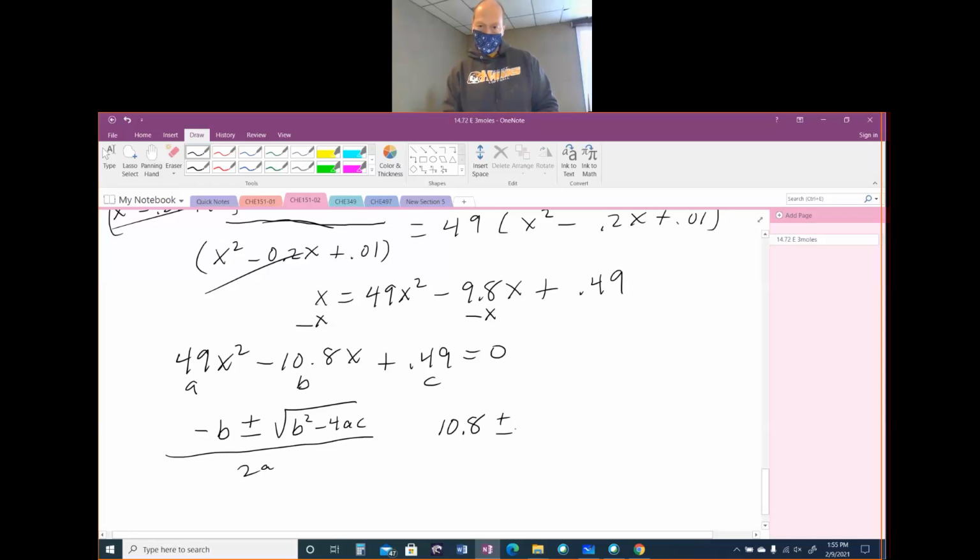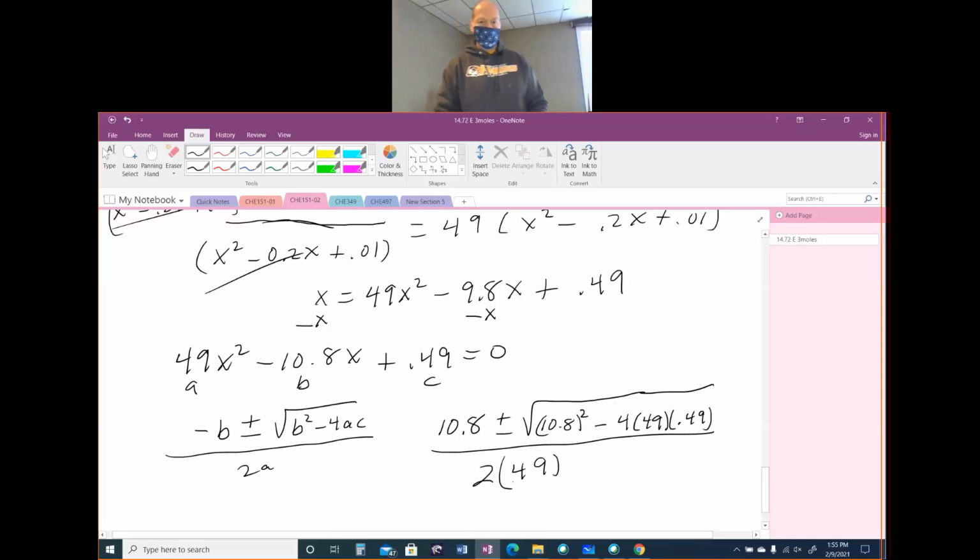Plus or minus, when you square a number, it doesn't matter if it's plus or minus, 10.8 squared. Minus 4 times your A value, 49, times your C value, 0.49. All over 2 times A, 49. All right, so now we're back to pushing buttons.